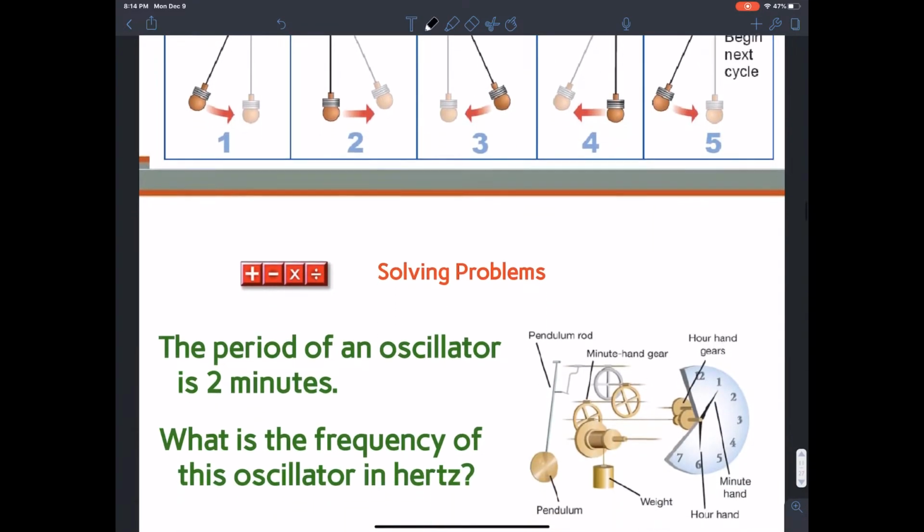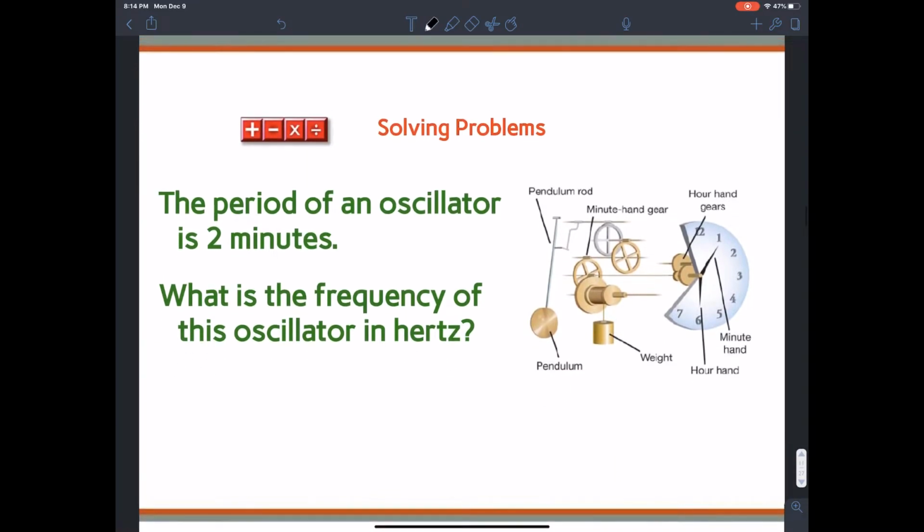All right, so let's do an example of this. On this page, you have the period of an oscillator is 2 minutes. What's the frequency of this oscillator in hertz? So we have to figure out how many vibrations per second this pendulum is going to be moving back and forth.